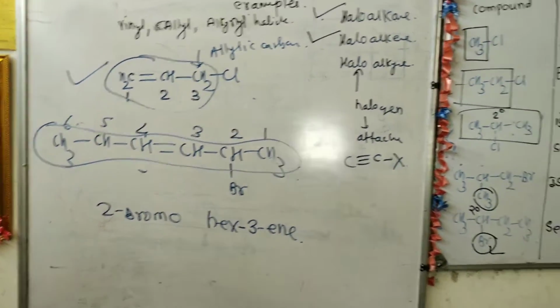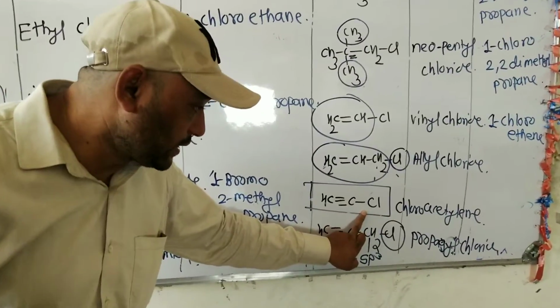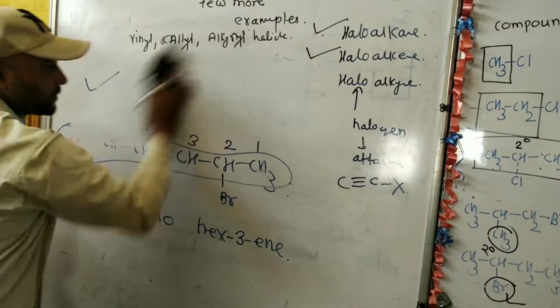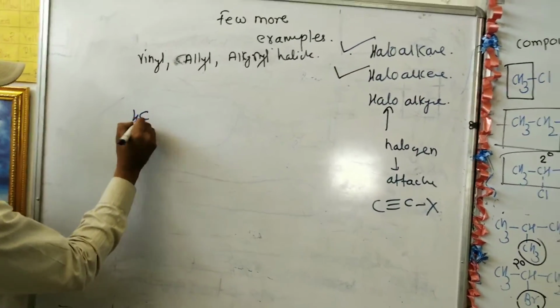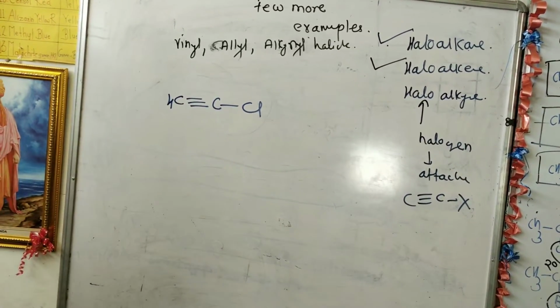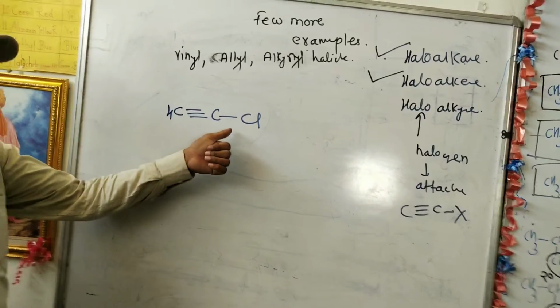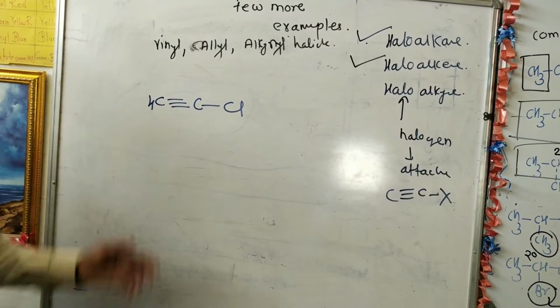Now come to the haloalkyne. Chloroacetylene, CH triple bond C Cl. Again, just like the vinyl halide, we can name it chloroethyne or chloroacetylene. How to name?